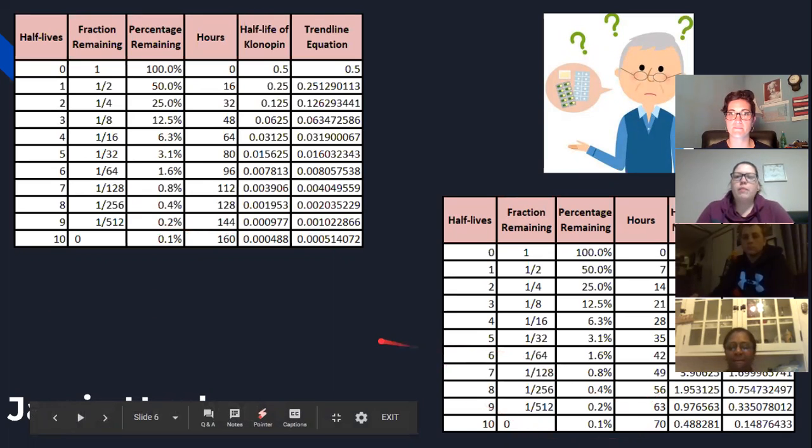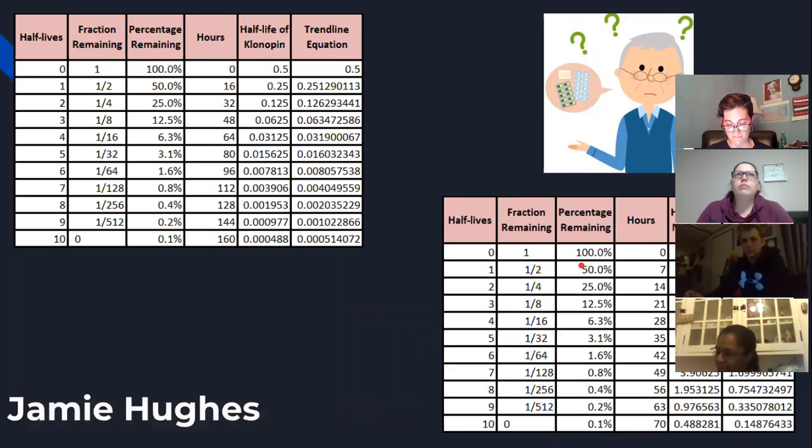Knowing each medication's half-life lets us determine how much medication is still in our bodies after a certain number of hours. You could overdose if you don't know how much medication is left in your system and take more of the medication. This information would be very beneficial if you're having to give medication to, like, a child or the elderly.